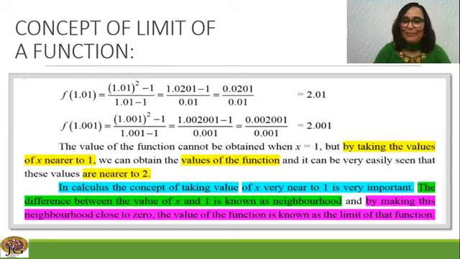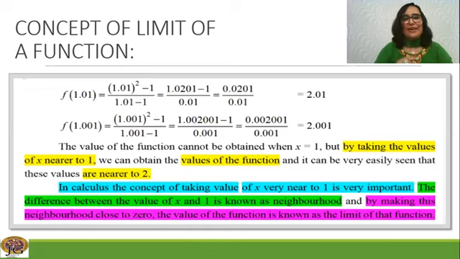I told you 2 minutes ago, that difference is known as neighborhood. Very good. So the concept of neighborhood is in that green highlight over there. Very nice. You remember. Super. Let's read the pink now. By making this neighborhood close to 0, the value of the function is known as the limit of the function.